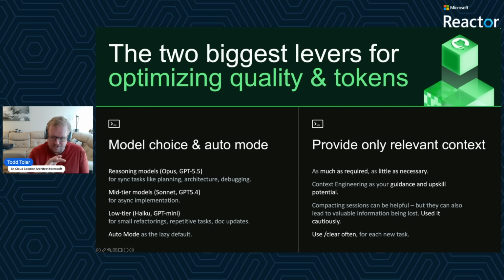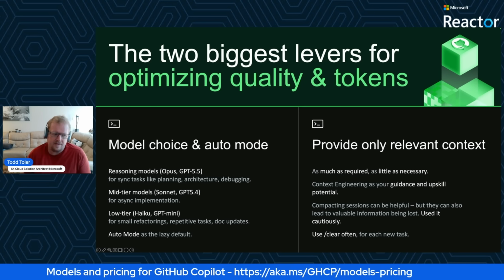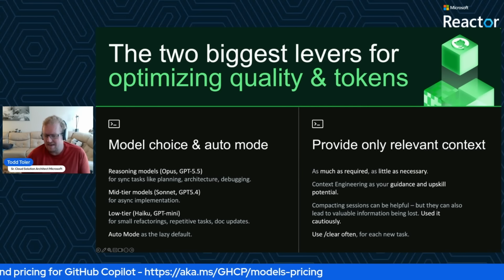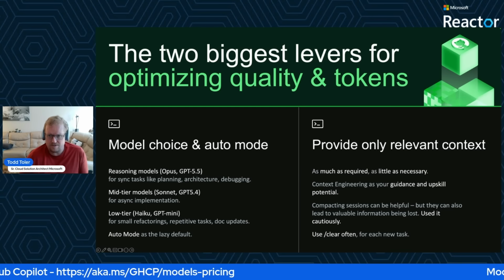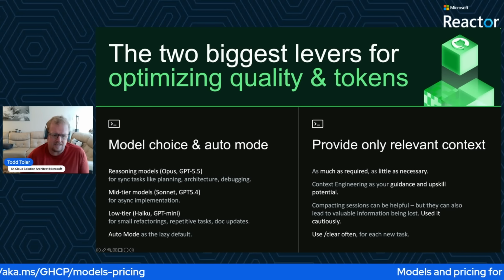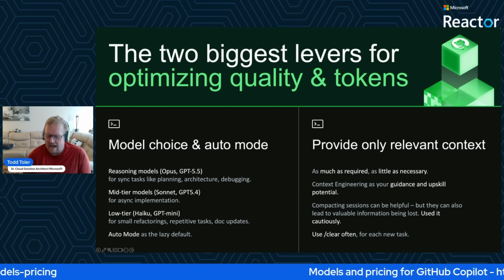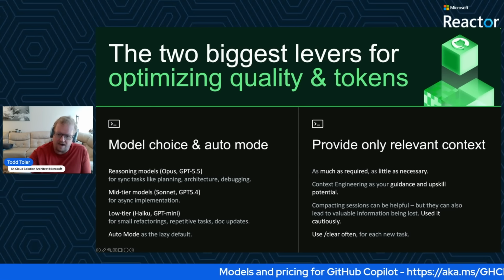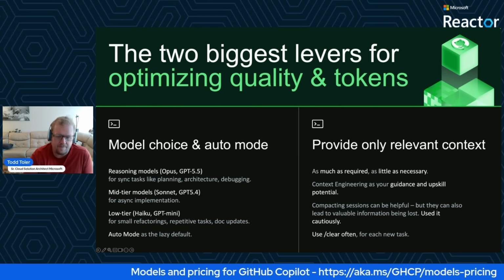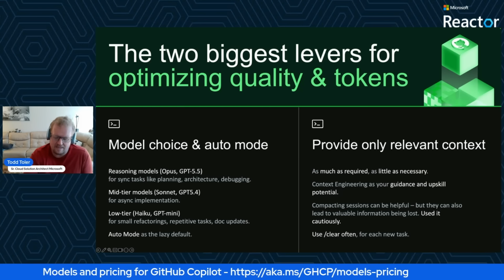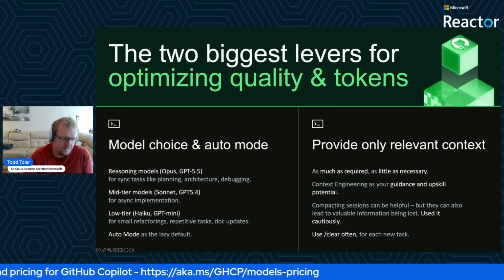It looks at your context and makes a choice as to where it's going to go. And you get a 10% token cost discount, which can end up being really significant. We've seen data showing that people are happy with the results they're getting from auto mode, the auto model switching mode. It has been very well received.